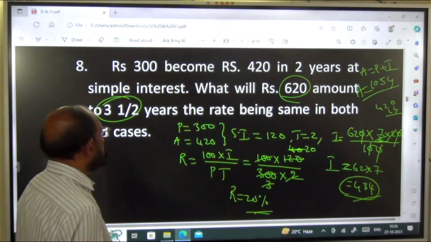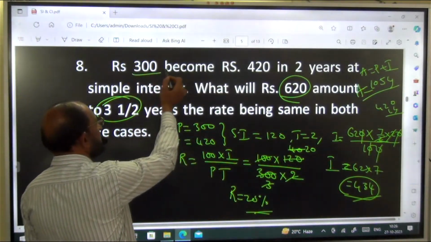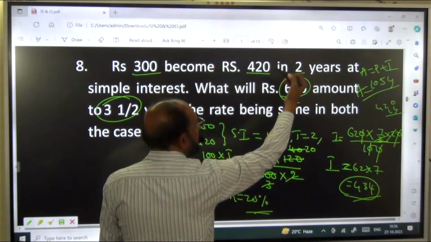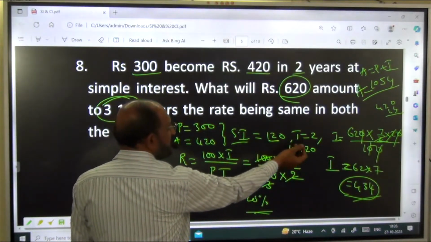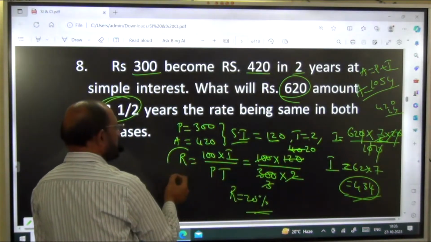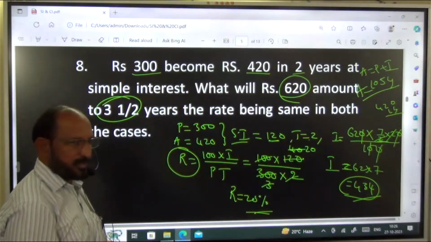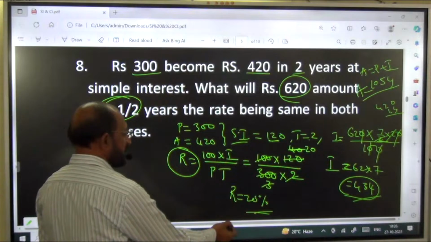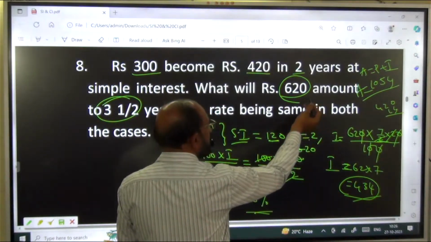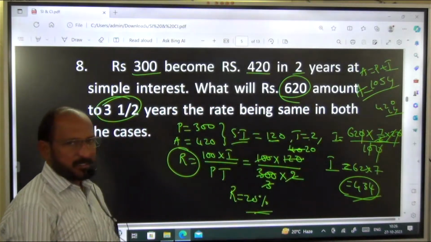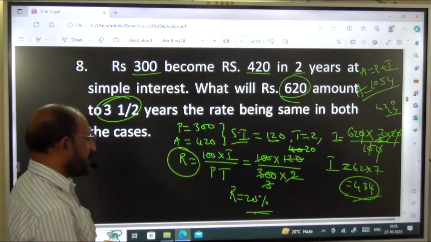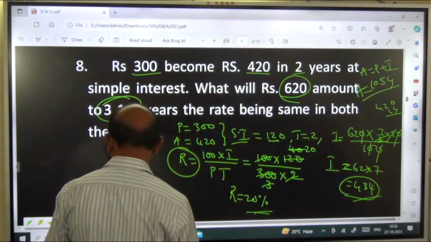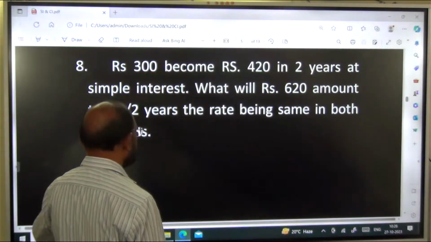Is it clear? Here principal is given, amount is there. So first find the simple interest, then time we know. Now from the given data we get R is equal to 20%. Apply this 20% to the second case to get the amount and also the simple interest. Okay. Thank you. Next.